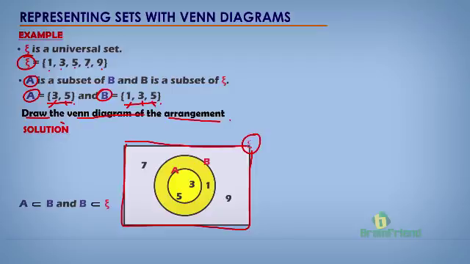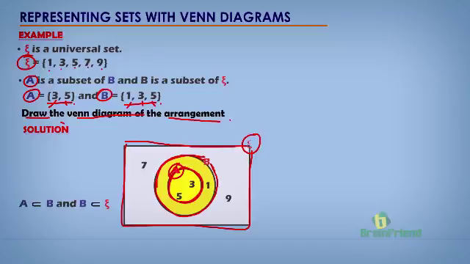It means that all of A can be found inside of B. That means that A is a subset of B. In other words, B contains A, or A is contained in B. If we draw our circle here to depict the set A, we'll draw it inside of the other circle, which is B.